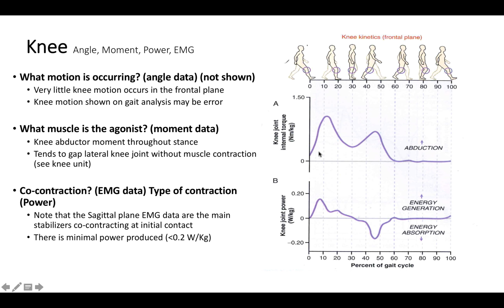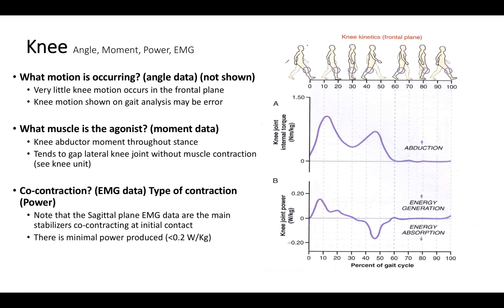But as we've studied throughout the semester, we know that even though there's no joint play and no motion really into adduction and abduction, there is a moment being generated. And what we can see here is that the moment is into abduction. That's again the internal moment, and it's not insignificant, about 1 Newton meter per kilogram at the initial weight acceptance part of gait.